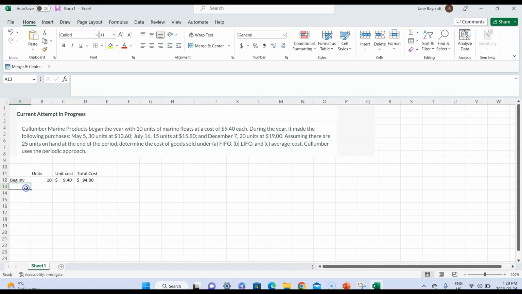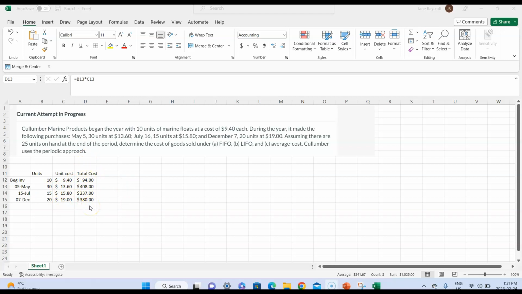And then May 5th, we bought 30 units at $13.60. So total. I've just gone through and organized all this information with the dates and how many units we purchased and the total cost.